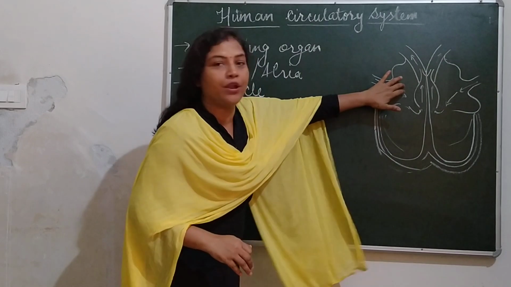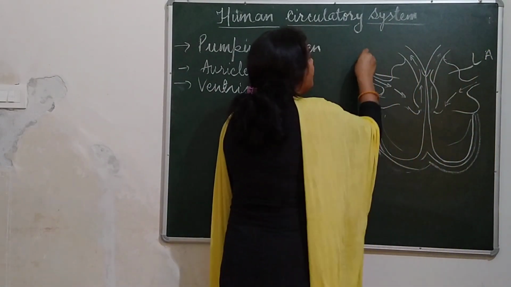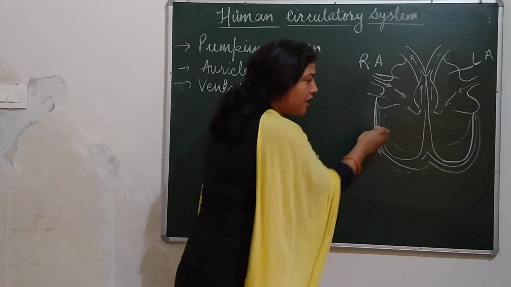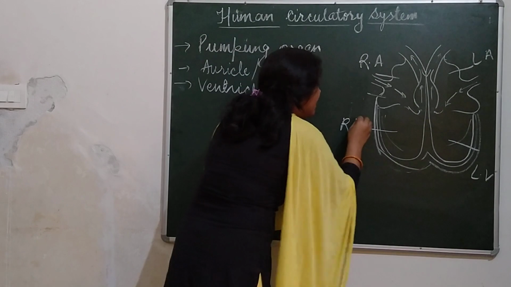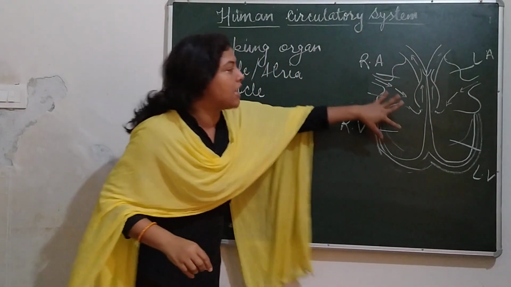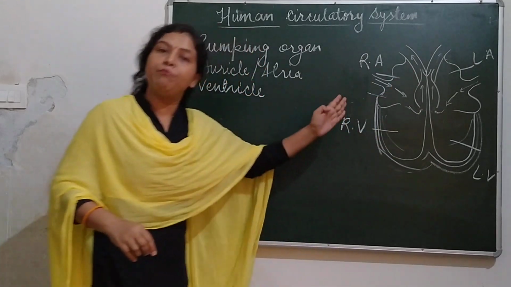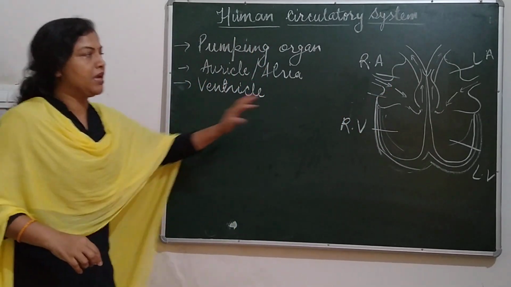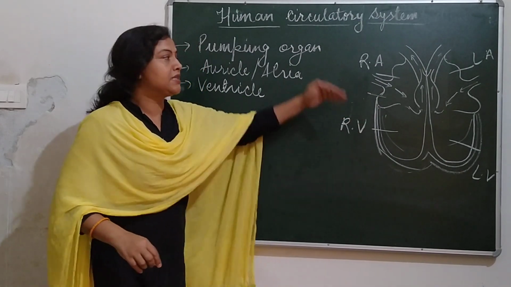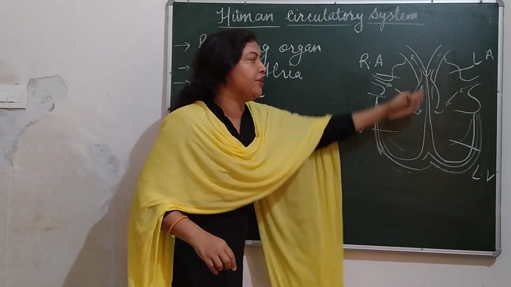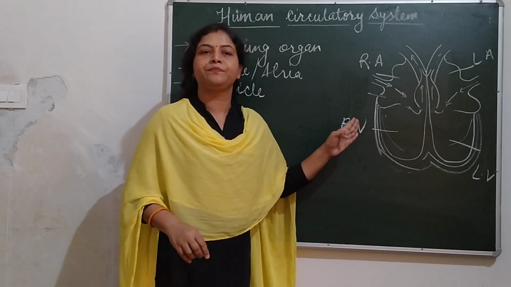So the same auricle becomes left auricle and right auricle, and the same ventricle becomes left ventricle and right ventricle. So the two-chambered heart is actually four-chambered in case of mammals.